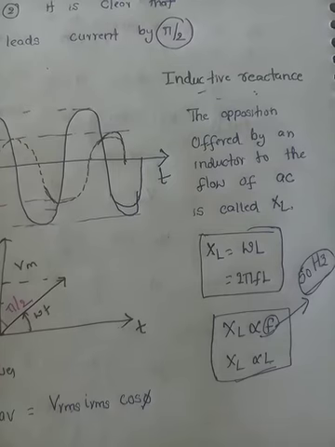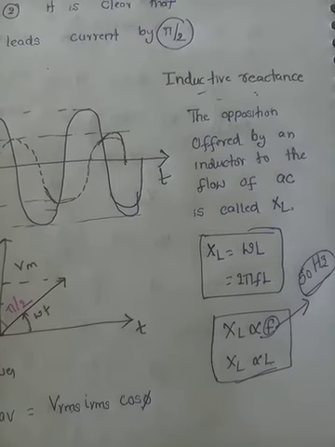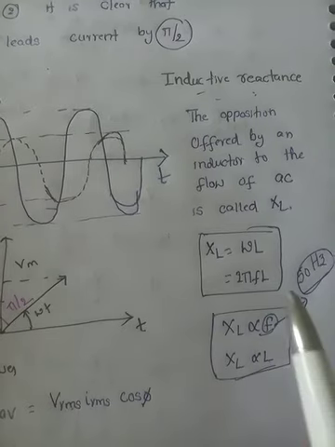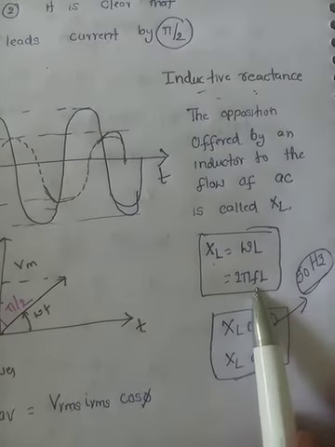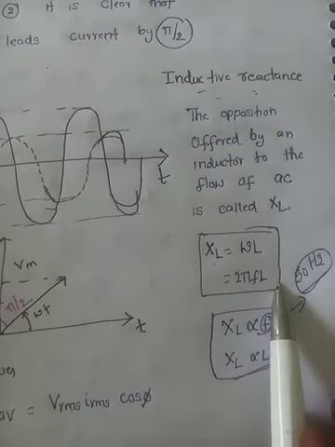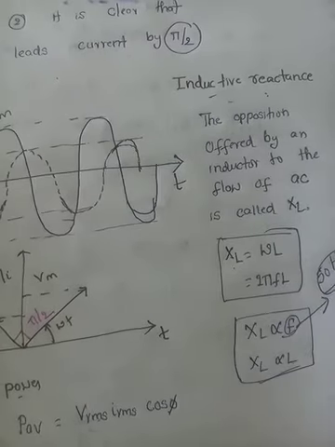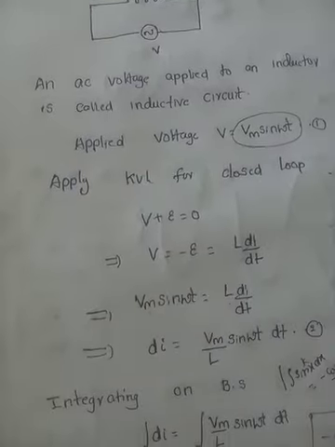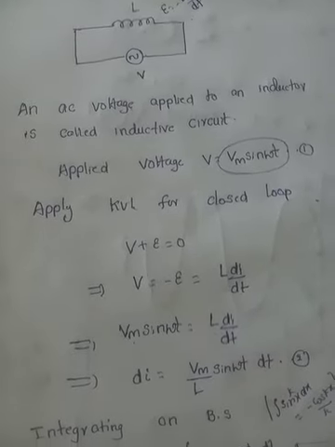XL is directly proportional to frequency as well as inductance. Okay. So, when AC is applied to an inductor, the voltage and current have a phase angle of 90 degrees.